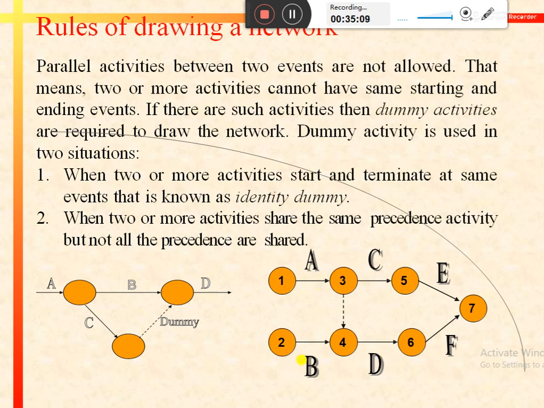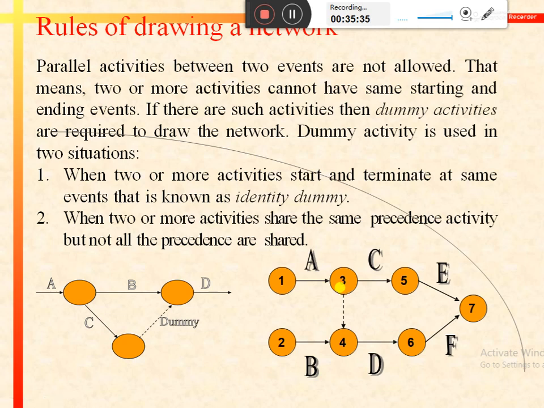Let's have a look at activity C and activity D. The predecessor of activity C is activity A, and the predecessors of activity D include activity B and activity A also.